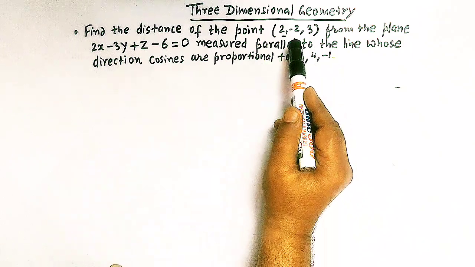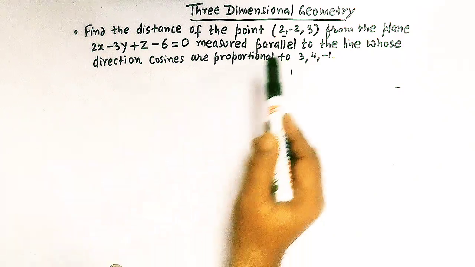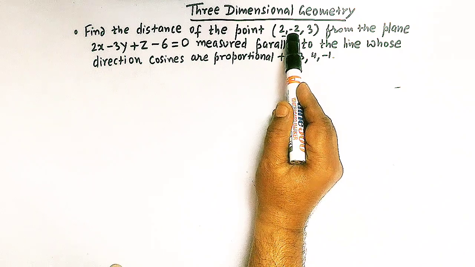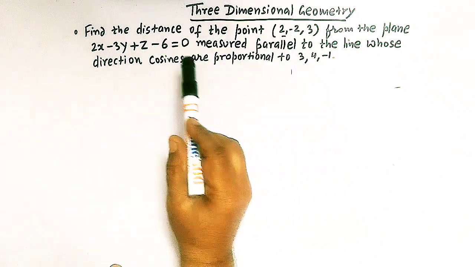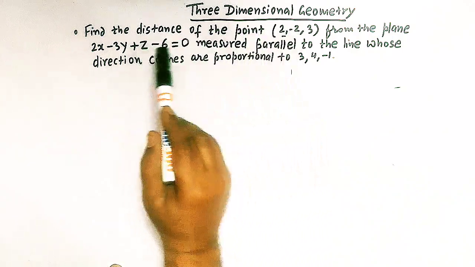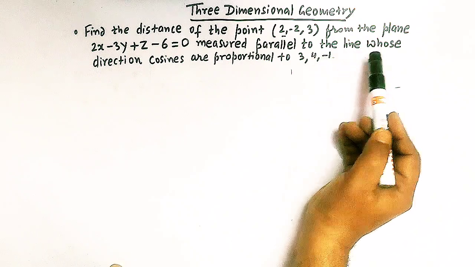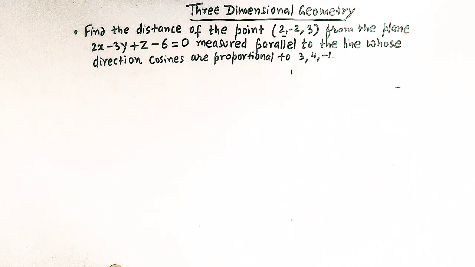So here we are not going to find the perpendicular distance of this point from this plane. The perpendicular distance is different from the distance measured parallel or along to the line whose direction cosines are proportional to 3, 4, minus 1.